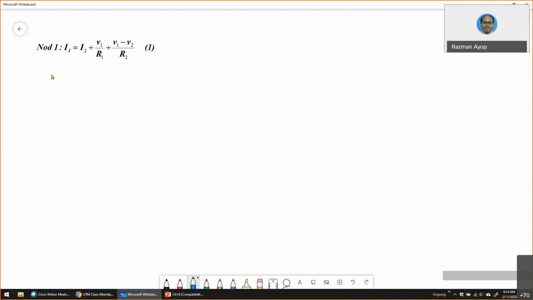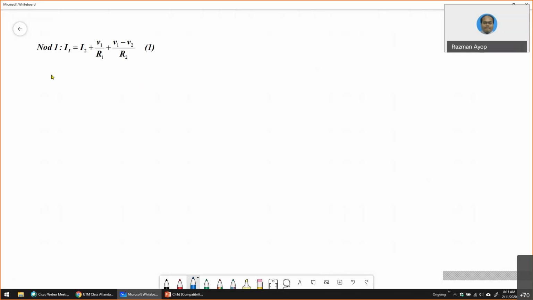You have to make sure that this is in the standard form. Because this is nodal analysis, if you are using simultaneous equations it is x and y, right? But for nodal analysis it is V1 and V2, or if it is 3 voltage nodes, you have to use V1 plus V2 plus V3 equals to something.